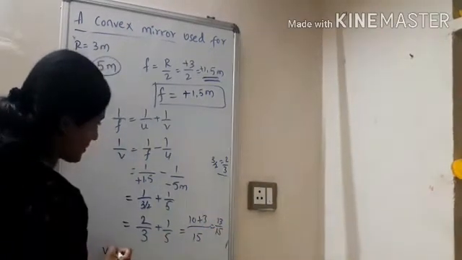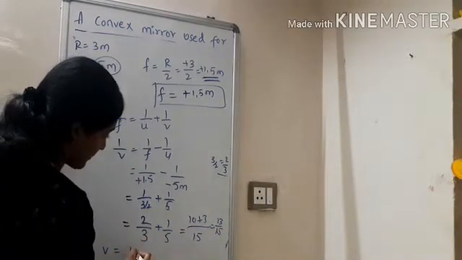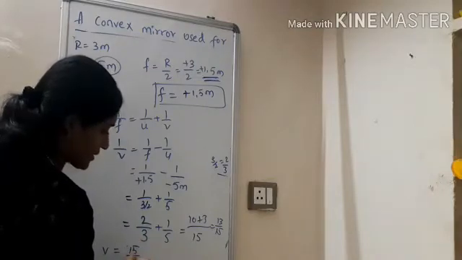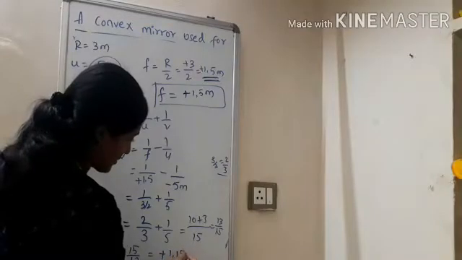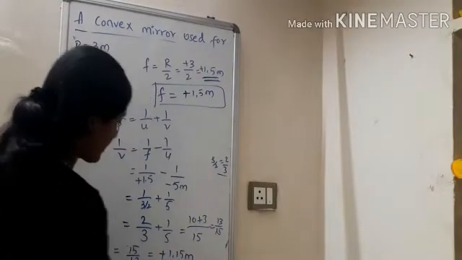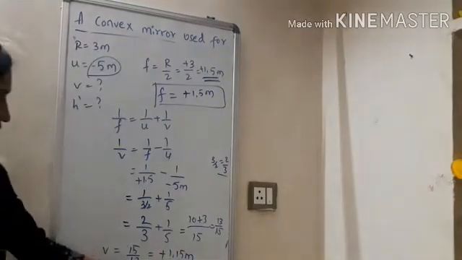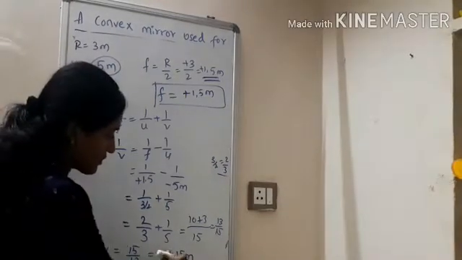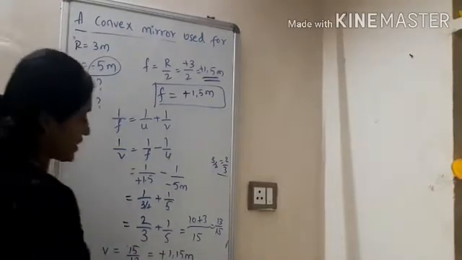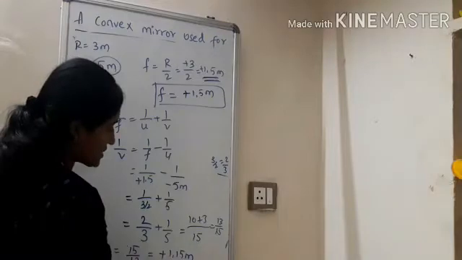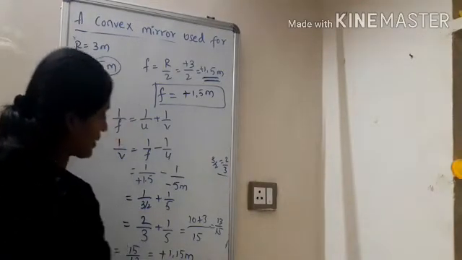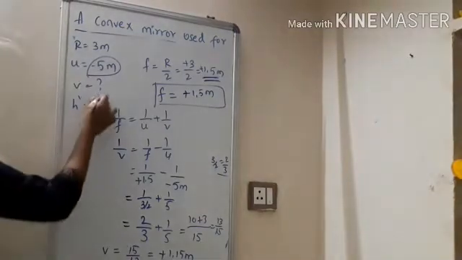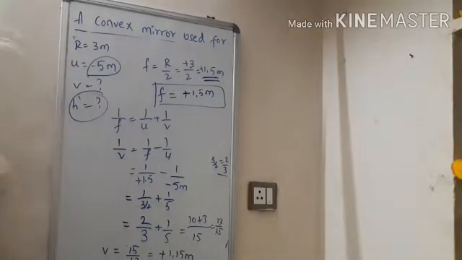So take the reciprocal, 15 by 13, you will get the answer 1.15 meter. We got v is equal to plus 1.15 meter. So now we have to find the height of the image.